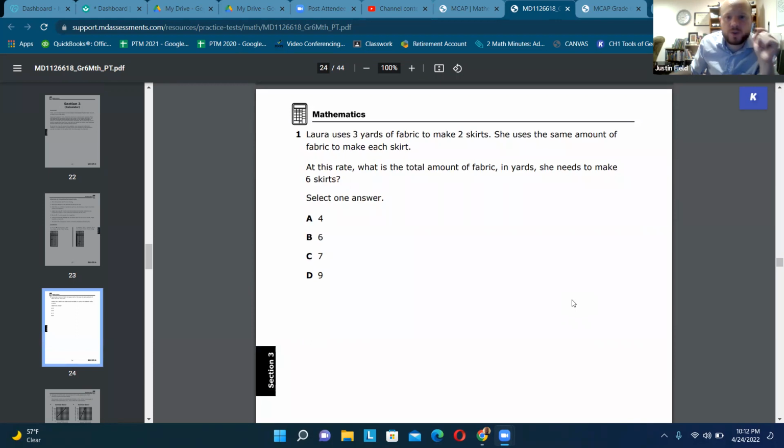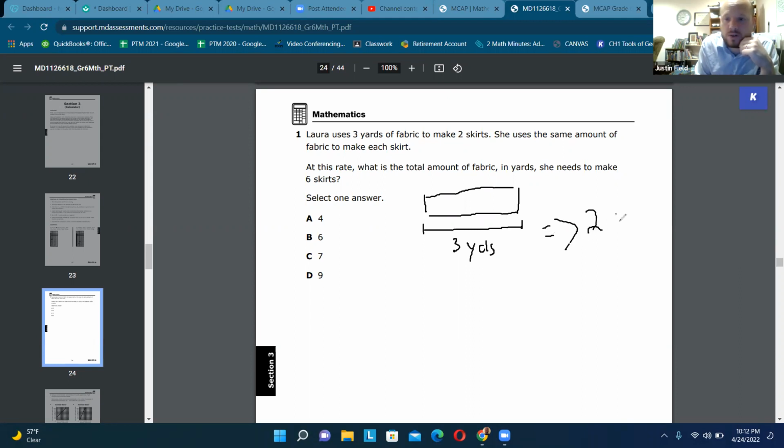Laura uses 3 yards of fabric to make 2 skirts. All right, so it's like this. She went to the fabric store, got like 3 yards, and that gave her 2 skirts.